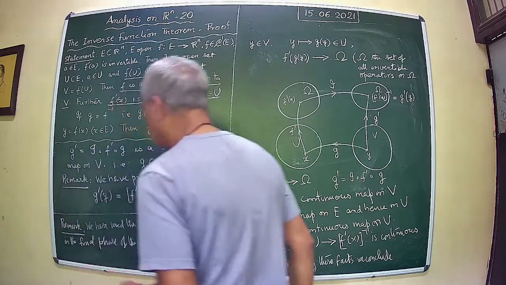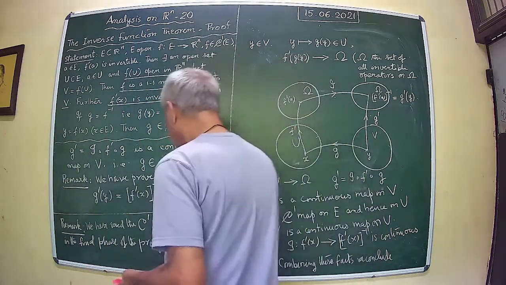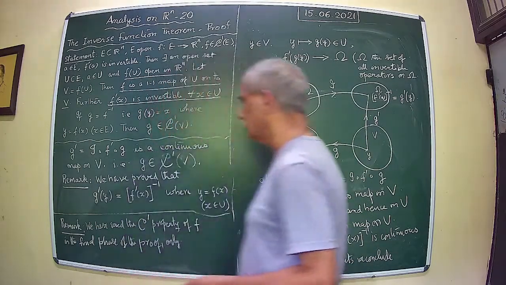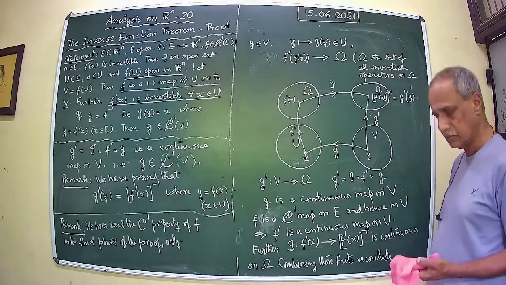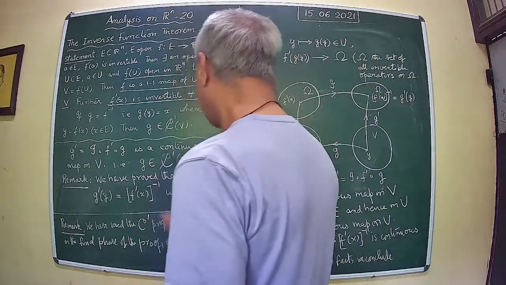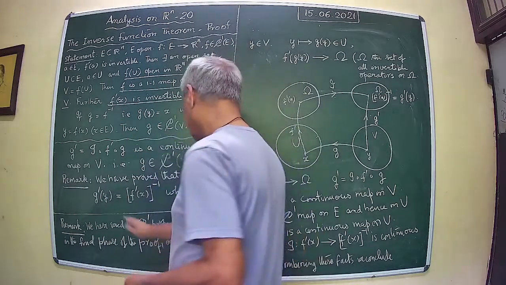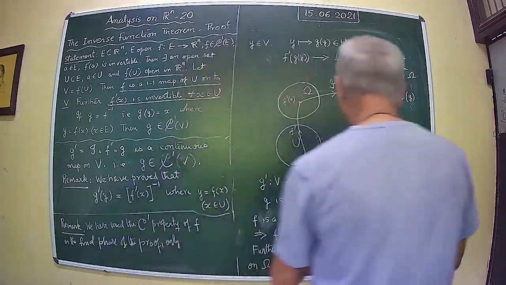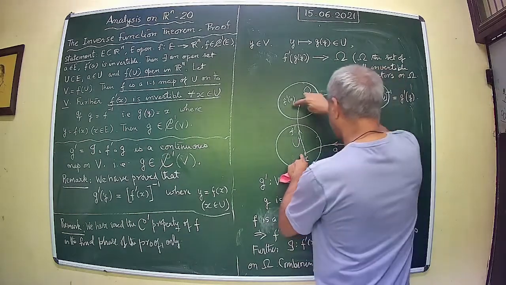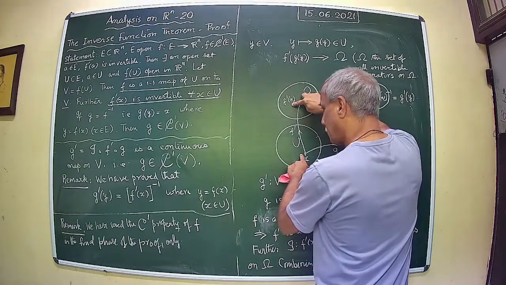Before that we have not used it. This is just an observation worth making. So to conclude that G is C1, we are making use of this property, and that happens here.